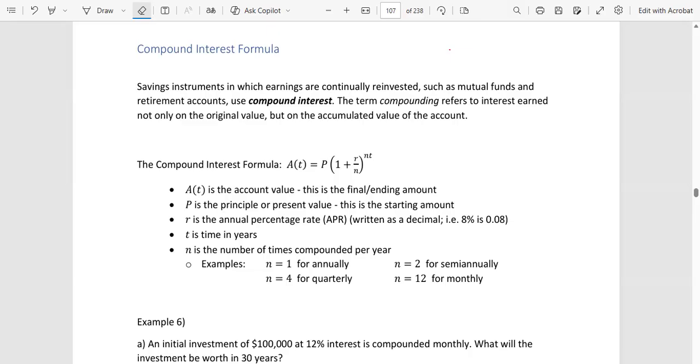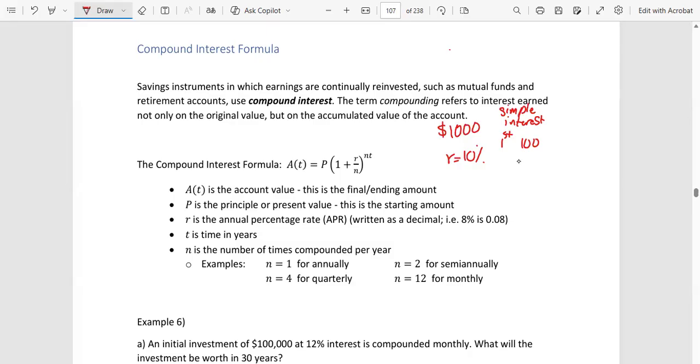Assume that you invested $1,000 in an account and you are supposed to receive 10% interest at the end of each year. If that is simple interest, you only receive the interest on the money that you have invested. That means you receive 10% of the $1,000 at the end of the first year. So the first year, you receive $100, but you still have $1,000 in the account.